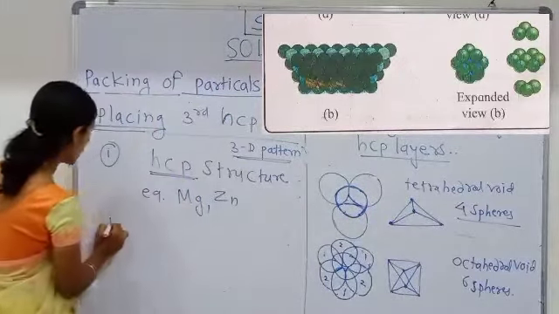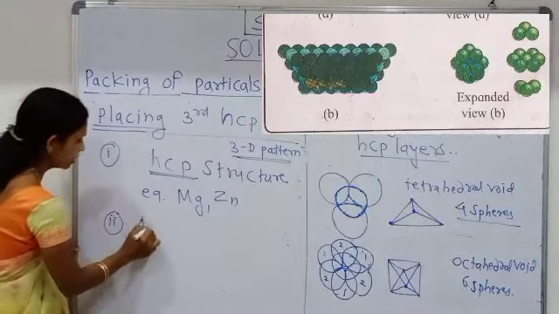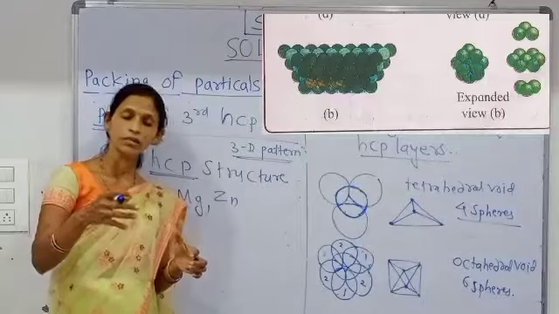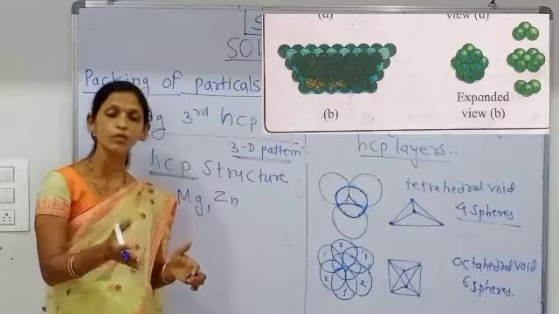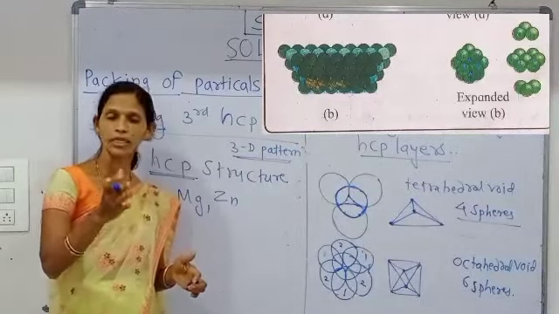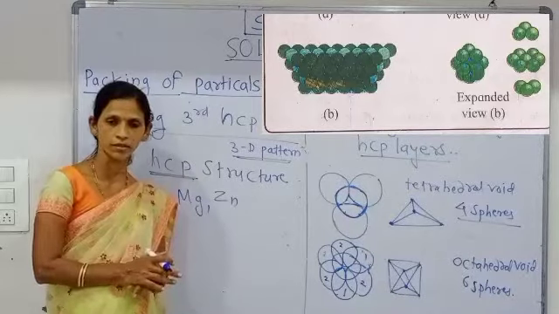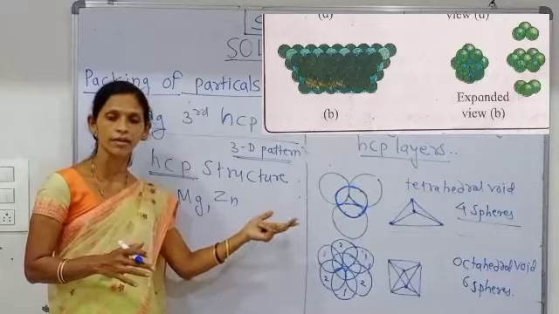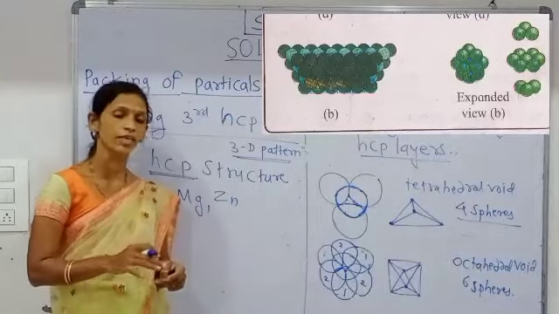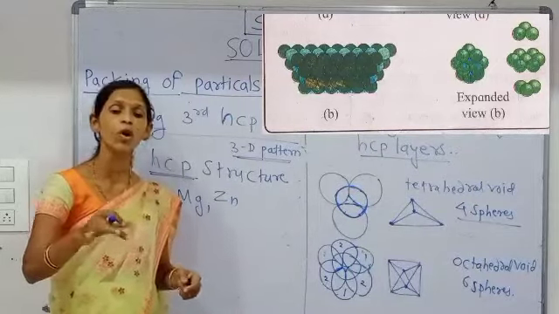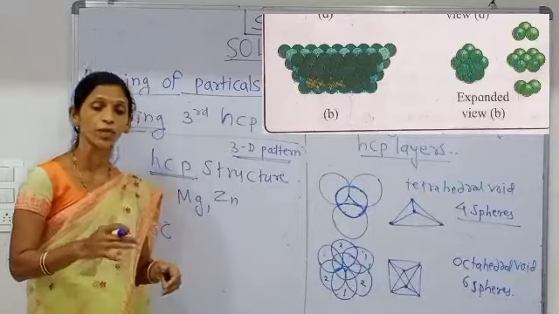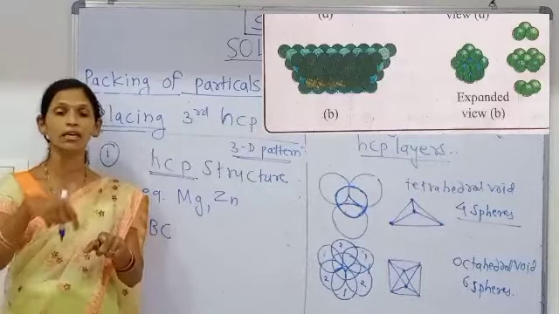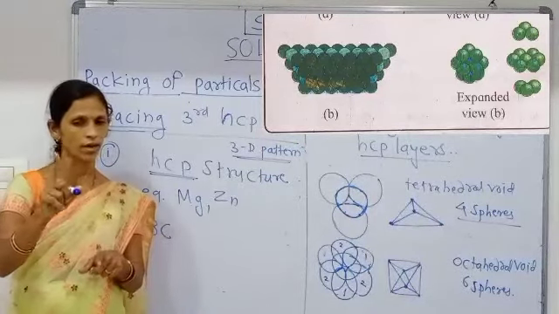Therefore here is the second way, ABC, and when we arrange the spheres of the fourth HCP layer on the third layer such that it covers the octahedral void, then the spheres in the fourth layer exactly align with the spheres of the first layer.